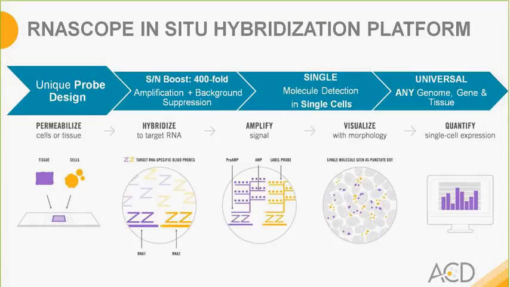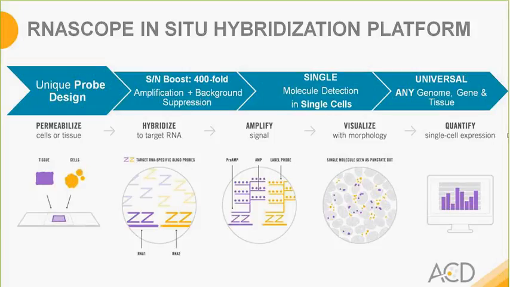The RNAscope platform, this slide will just provide a brief overview of the overall platform. It starts with a unique probe design for each target, relying on the so-called double Z probe strategy to ensure maximum specificity. The probe design, in combination with the amplification steps of the assay, provide for a roughly 400-fold amplification of the signal, with concurrent suppression of any nonspecific background staining in the assay.